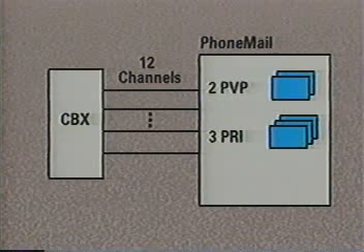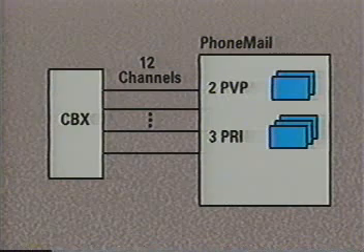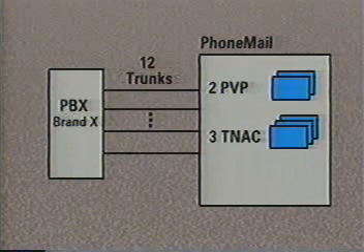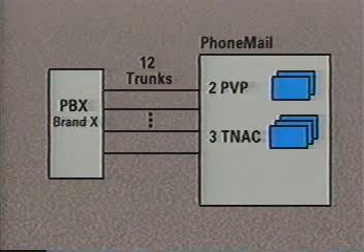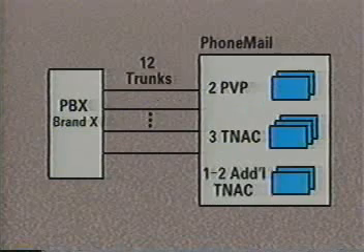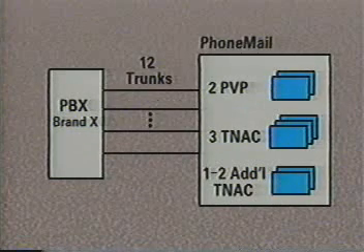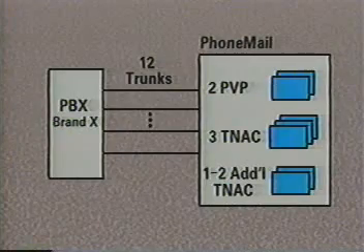Each PVP card uses 6 channels. If that same system attaches to a PBX, the PRIs are replaced with 3 TNACs to provide 12 trunks. And if additional trunks are required, 1 or 2 more TNACs can provide 4 or 8 additional trunks.